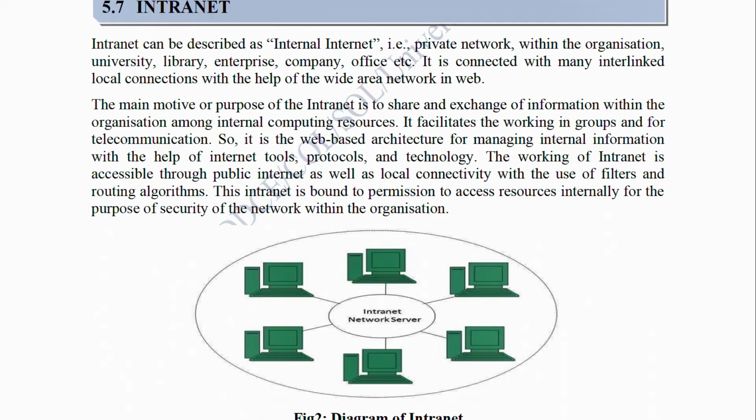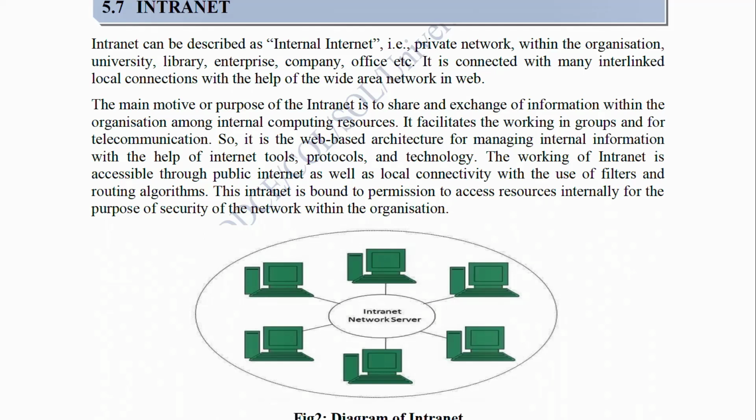5.7 Intranet. Intranet can be described as an internal internet, a private network within the organization, university, library, enterprise, company, office, etc. It is connected with many interlinked local connections with the help of wide area network in web. The main motive or purpose of intranet is to share and exchange information within the organization among internal computing resources. It facilitates working in groups and telecommunication.